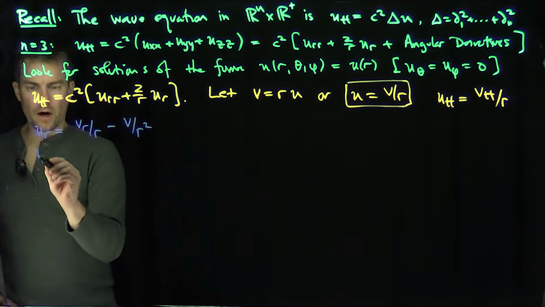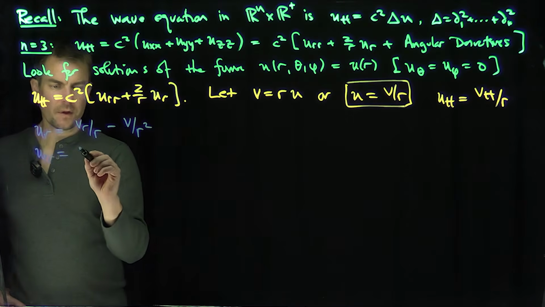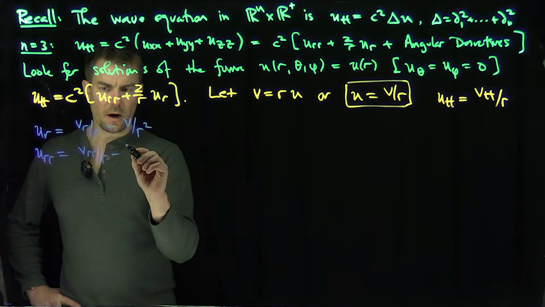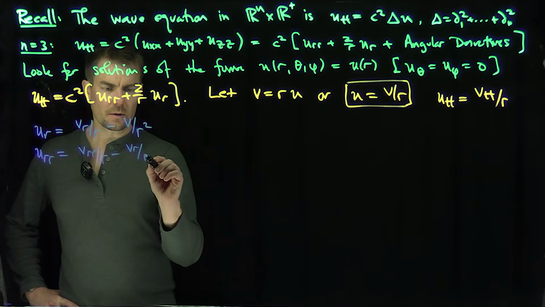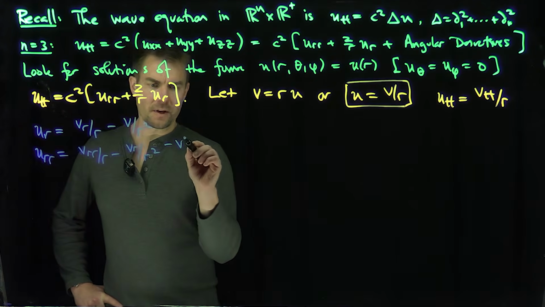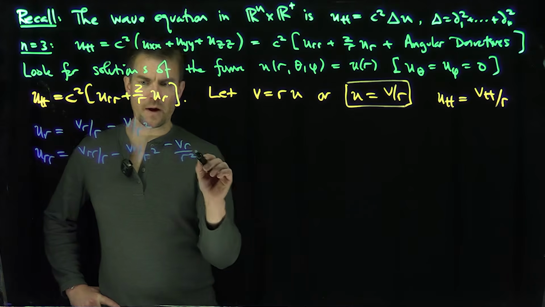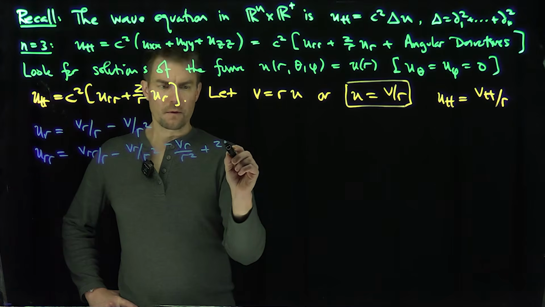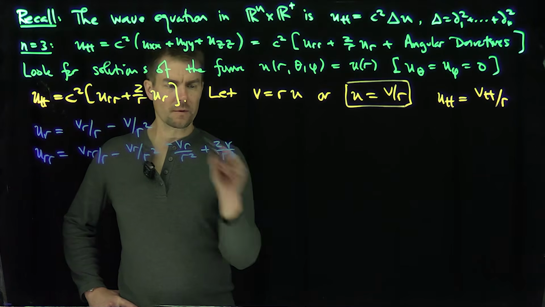And then u_rr is going to be v_rr over r minus v_r over r squared minus v_r over r squared, and then plus 2v over r cubed.